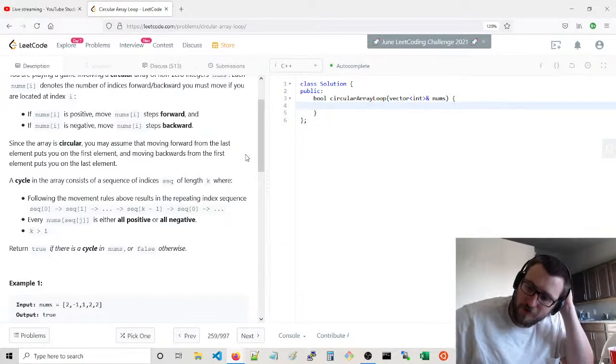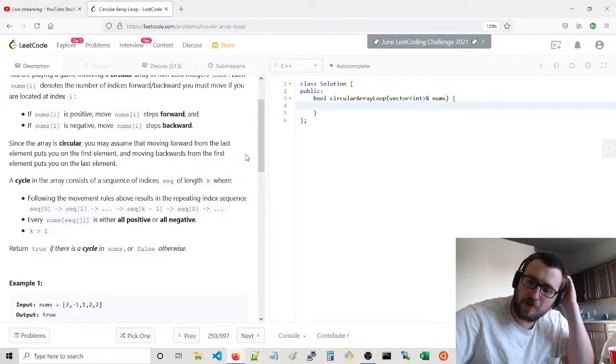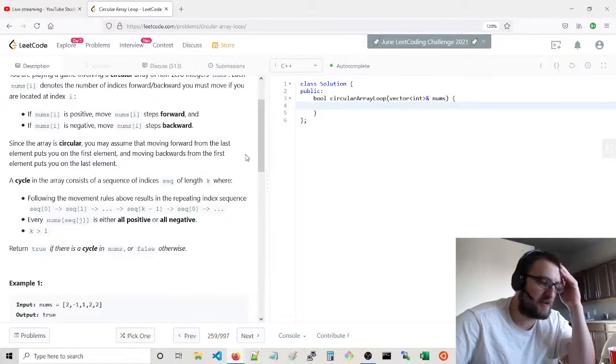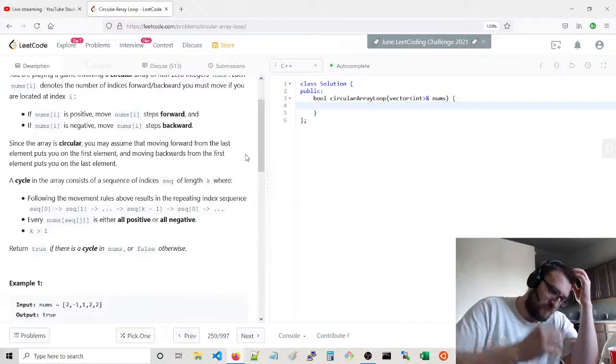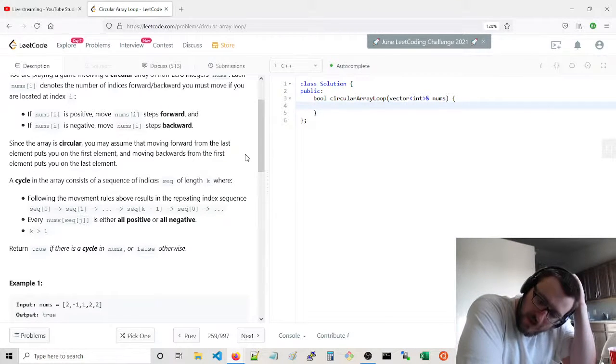The question is, I realize we can eliminate some indices, but we can't necessarily eliminate others. For starters, if we just run through and simulate one of these potential cycles, we can't necessarily eliminate those elements.